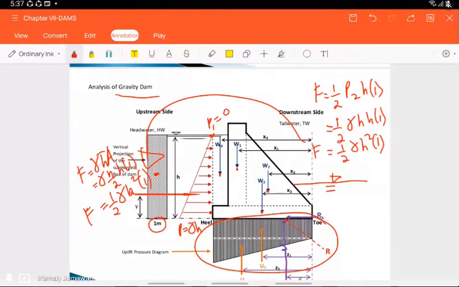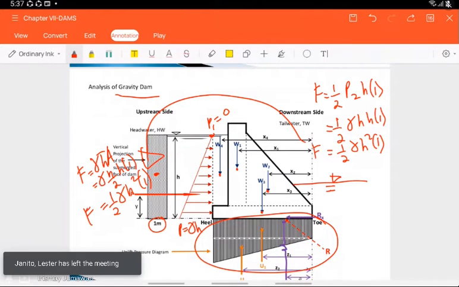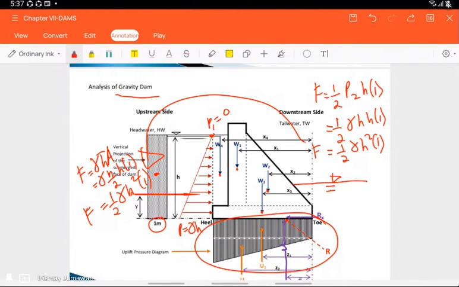So the water on your upstream side, if the foundation at the base of the dam is not impermeable, so it is permeable, there is a possibility for water to seep down. So it makes your dam also overturn because of the uplift pressure.